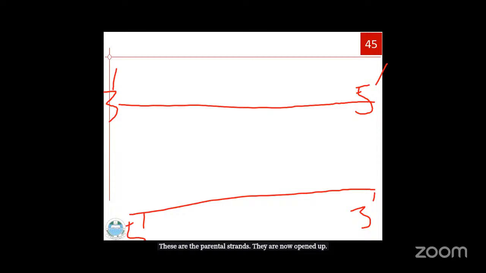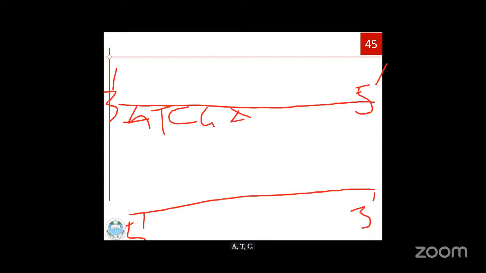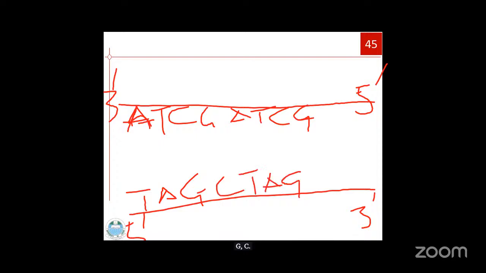Here, on the 3' to 5' one, let's assume the original nucleotide sequence on it is A, T, C, G, A, T, C, G. Because they are parental strands, right? The complementary strand on the other one will be T, A, G, C, T, A, G, C.